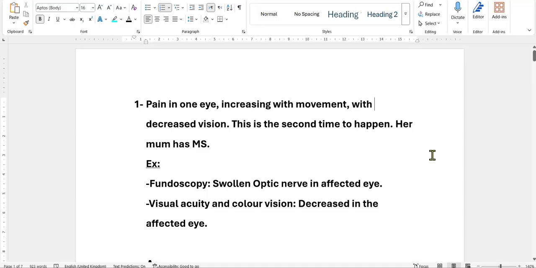This is standard practice. Any patient who has acute or sudden loss of vision, to be a safe doctor, you have to send the patient to the emergency eye clinic. If you are in the A&E, you will admit the patient and involve the eye team.